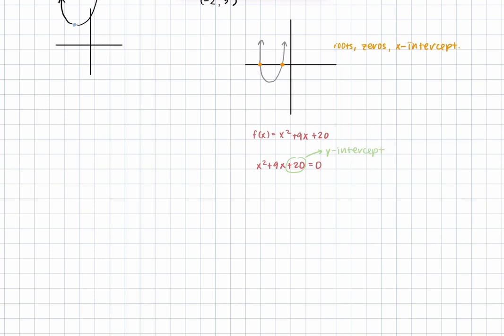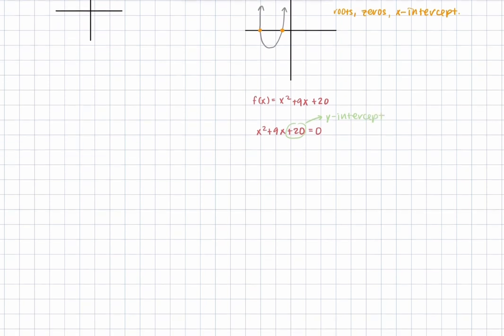Okay, so now when we factor this, x plus 5 times x plus 4 equals 0. Then we can solve by setting each of these to 0. So x plus 5 equals 0, and x plus 4 equals 0.